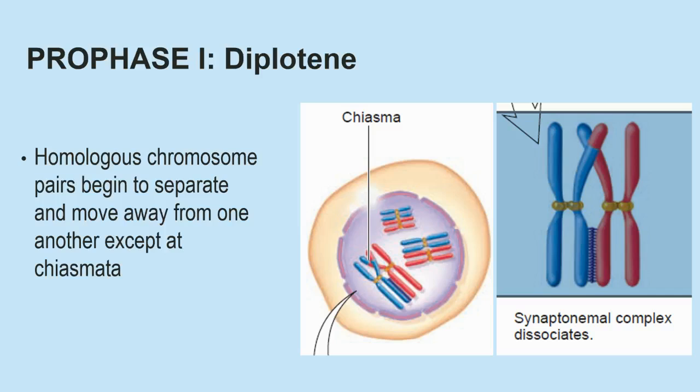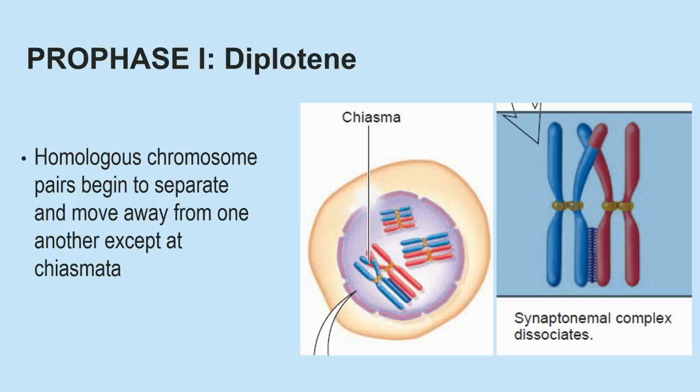So let us proceed to diplotin of the Prophase I. When we say diplotin, homologous chromosome pairs begin to separate and move away from one another except at chiasmata. So kung sinasabi natin si leptotin as thin threads, si zygotin as paired threads, kay pachyotin as thick threads, kay diplotin naman ay two threads na po.